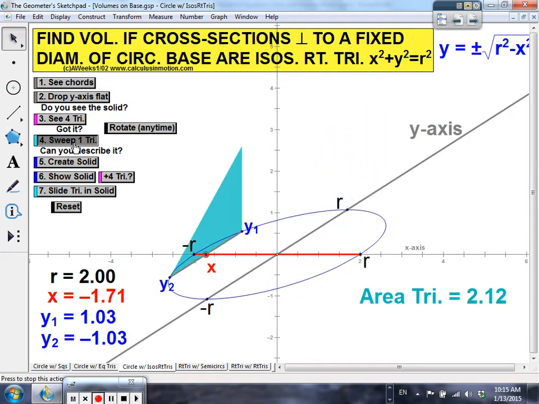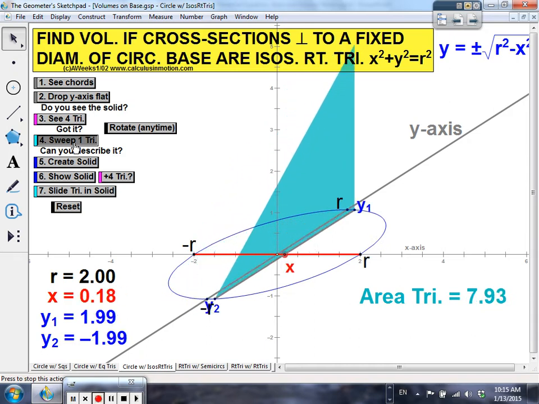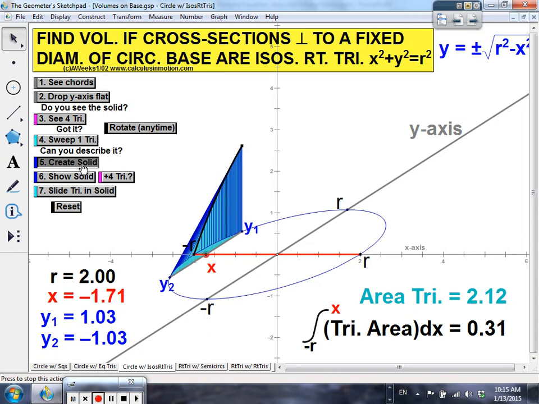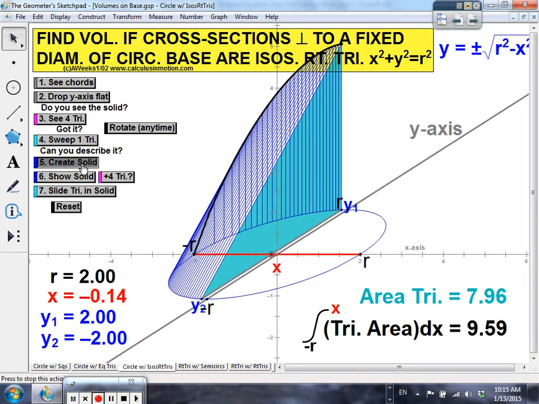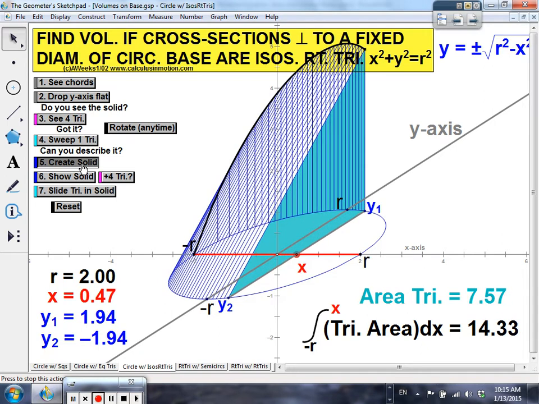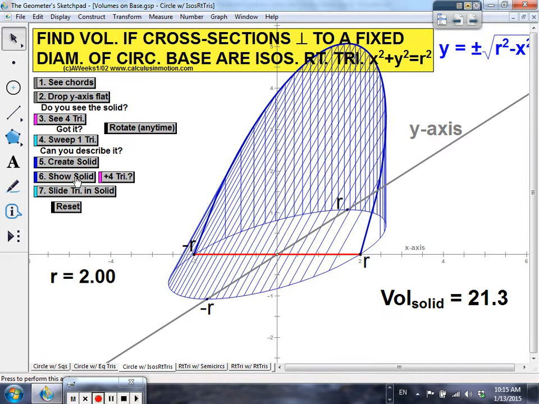Notice again, it's perpendicular to the x-axis, so that means our equations will be with respect to x. If we accumulate all of those triangles, this would be the figure that we're going to be calculating the volume of.